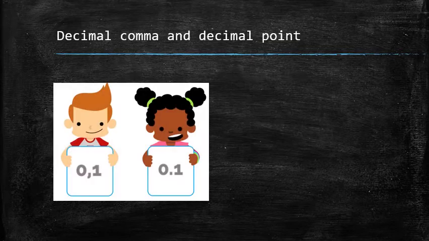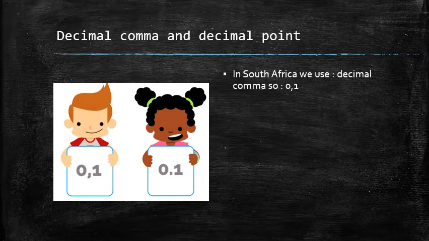Now, when we get to the different formats that we can use, if we have a decimal comma and a decimal point, you can see that we have 0,1 and 0.1. So in South Africa, we use the decimal comma, so we will say 0,1. In America, for instance, they use the decimal point, which is 0.1.